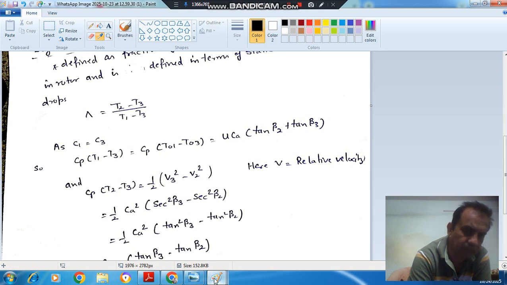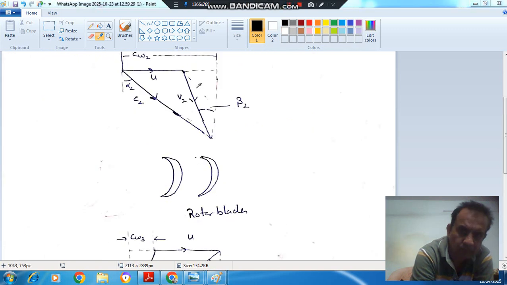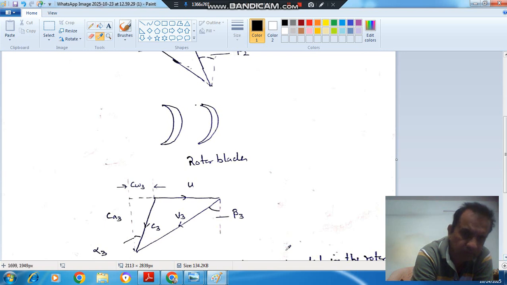And from the velocity diagram, V2 is equal to Ca secant beta 2, or we can say V2 cos beta 2 is equal to Ca. Here Ca3, Ca2 and Ca1 are the same, so V3 cos beta 3 is equal to Ca.